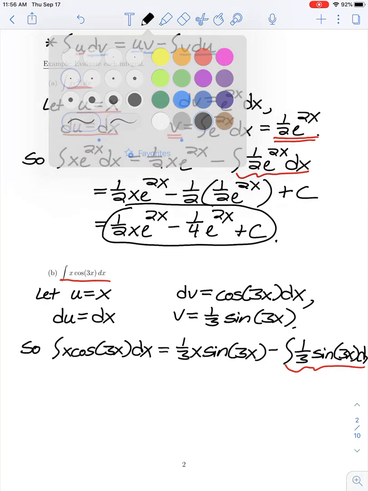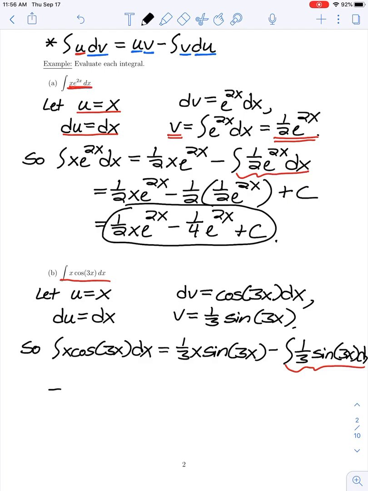So let's see what we have. We had a factor of 1/3 x times sine of 3x. And then we had a constant of negative 1/3. And then the antiderivative of sine of 3x will be negative 1/3 cosine of 3x.